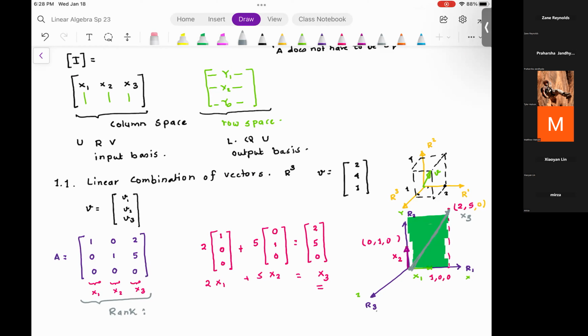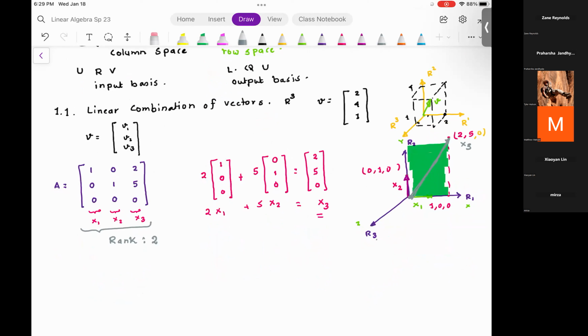If I have R1, R2, and R3, that means the matrix rank is 3. So based on what I'm seeing here, the rank of the matrix is 2, because all the vectors in the row space or in the column space can be expressed using only the two basis vectors. Everyone understood this?